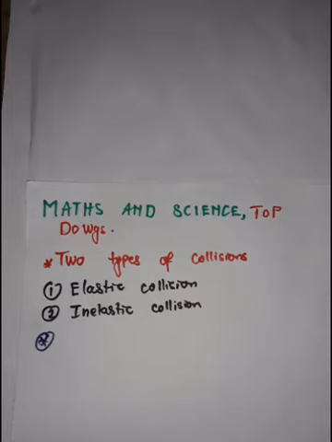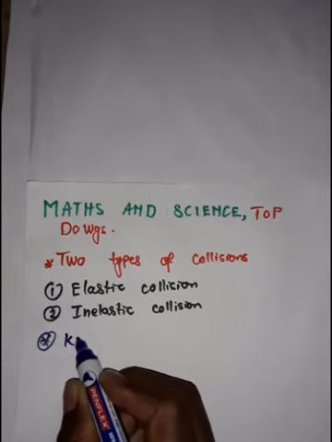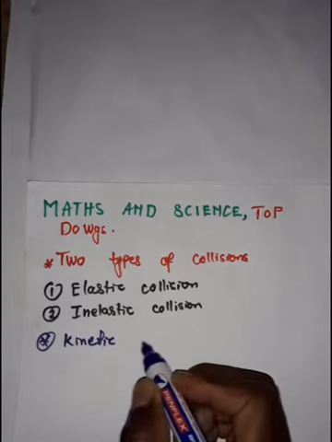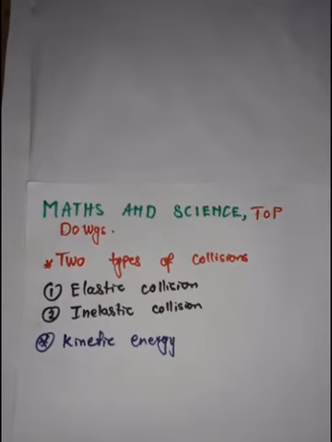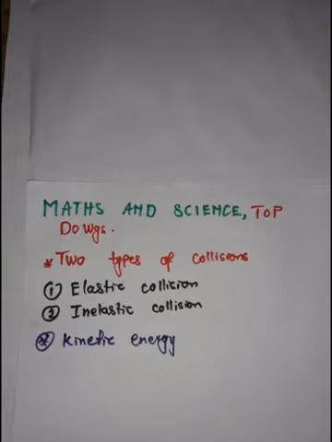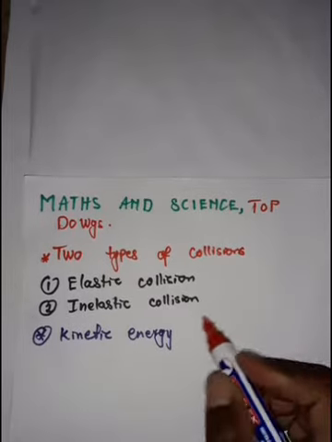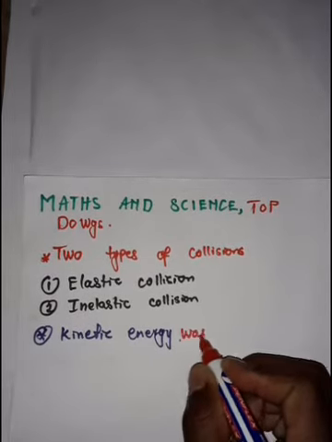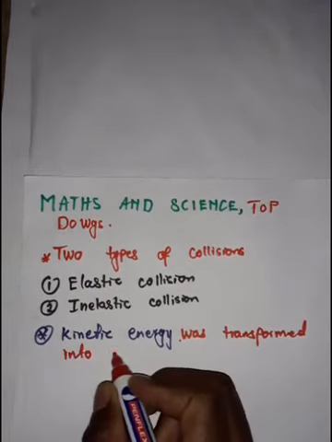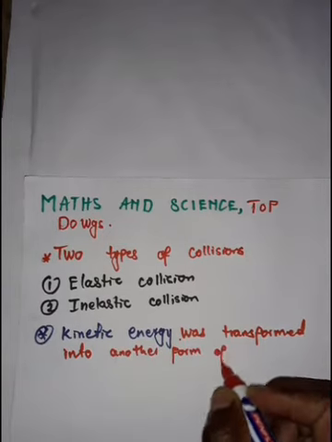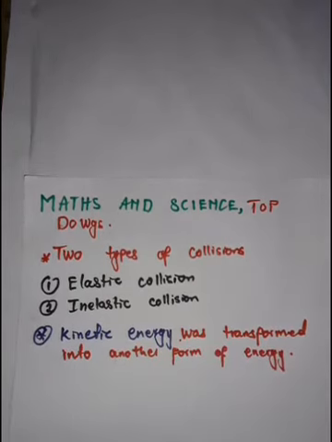Each and every moving object has kinetic energy. So if a collision happened and you can hear the sound, that means kinetic energy was lost, therefore it was transformed into another form of energy.